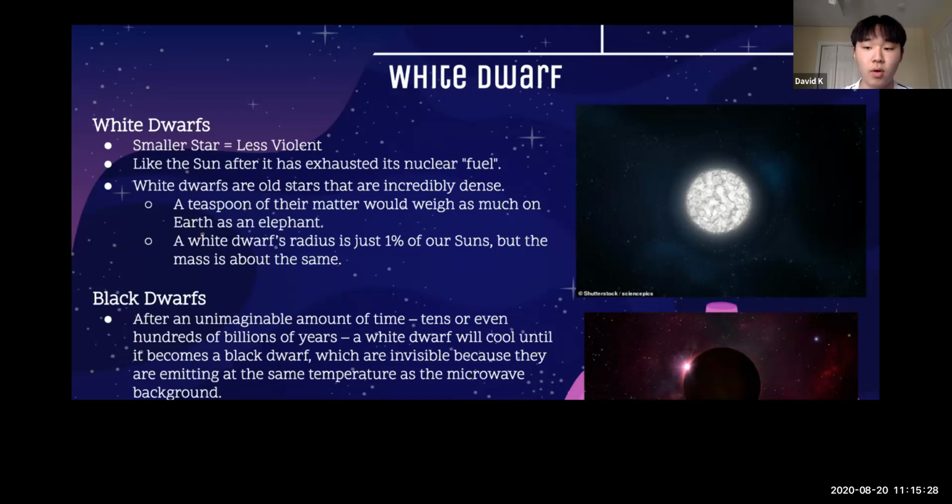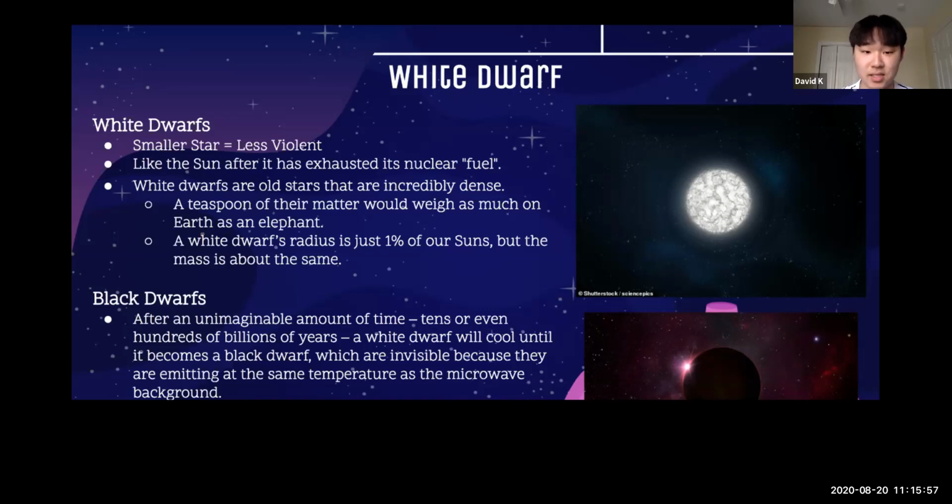This will happen when stars like our sun and other big super red giants run out of fuel, essentially. They run out of energy, and they'll start to turn into a white dwarf, which is very, very dense. A teaspoon of white dwarf matter would weigh as much on Earth as an elephant.